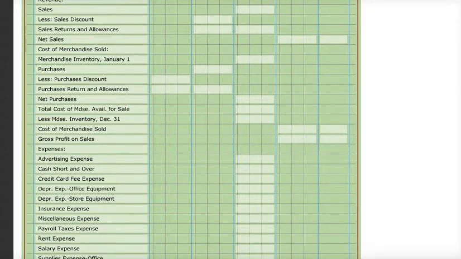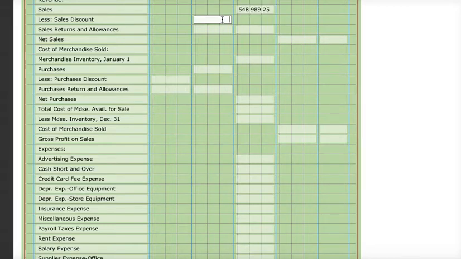Alright, so first things first, revenue is my first account. It's my sales account number. So I'm going to go to my worksheet that was provided for me, and I'm going to go and get my sales number. My sales number on the income statement credit was 548,989.25.